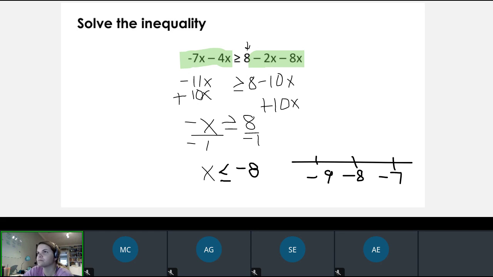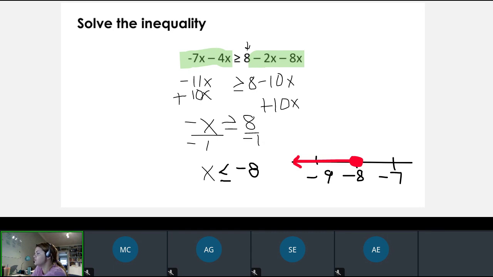Awesome. All right, so now I'm going to go ahead and graph this on my number line. I'm going to put a closed circle at negative 8, and I want all x values that are less than negative 8. So I'm shading to the left, because I divided by a negative number.